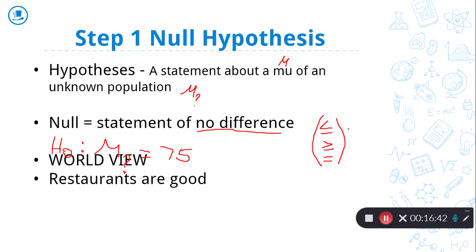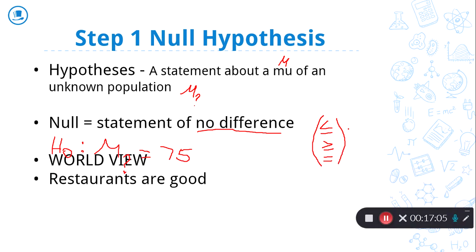See the null hypothesis? See the statement of no difference? We take our assumption and we apply it to the new situation. If you're going to go to that new place, you assume it's going to be like any other place and you're going to have the same kind of experience. We always kind of start with a hypothesis of no difference.